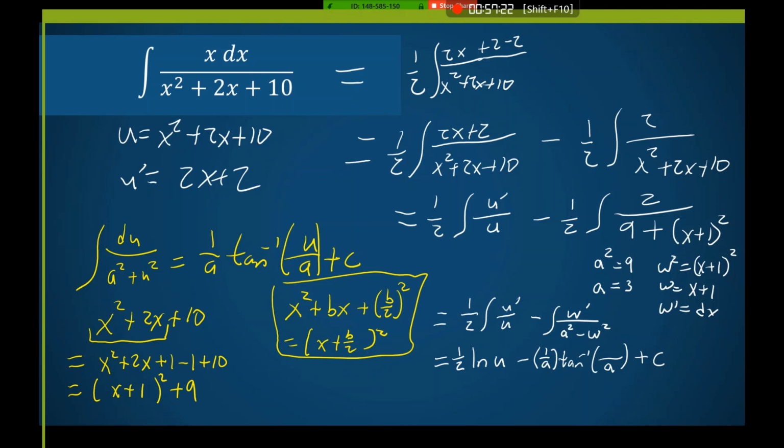Oh, I see, okay, 1 over a arctangent of what? Of w over a. Perfect. Okay, 1 over a arctangent w over a plus c.